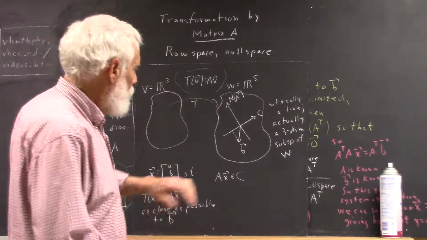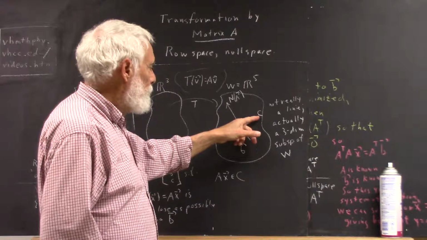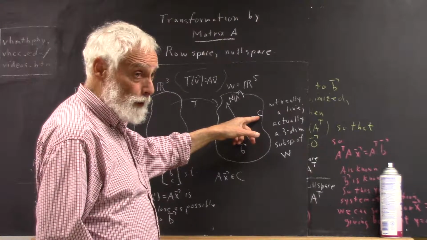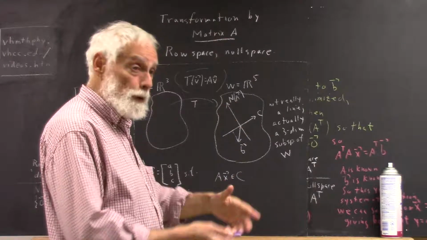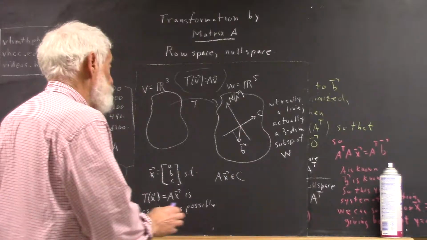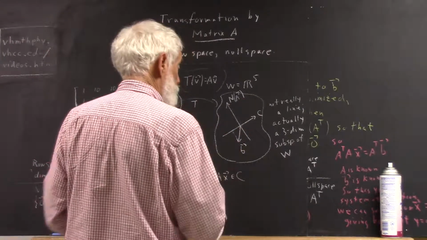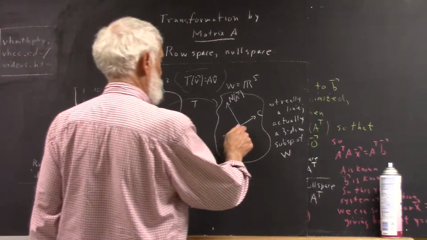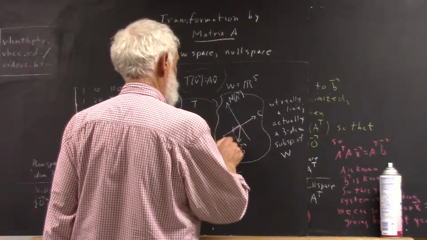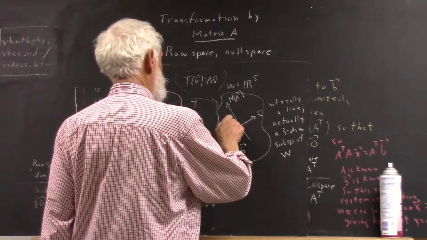Recall also that these two spaces, this being the row space of A transpose, this being the null space of A transpose, these two have to be orthogonal. So this is an orthogonal projection. You take an orthogonal projection of B onto C, and you find this vector, and this vector is your AX.